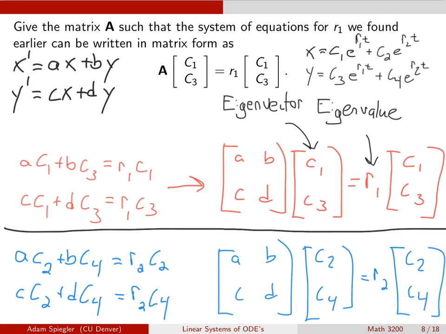And same goes over here. So r2 is also another eigenvalue of the same matrix, and this is its eigenvector.